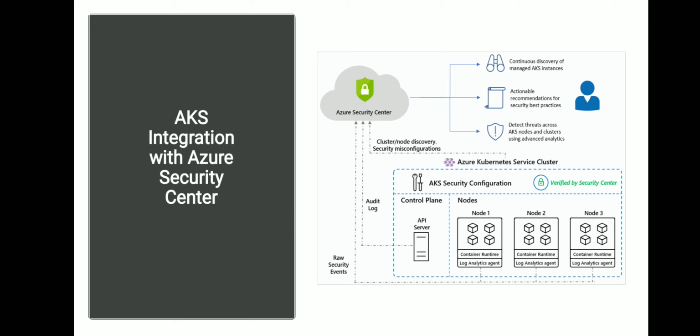It also detects threats across AKS nodes and clusters using advanced analytics. There is continuous discovery of managed AKS instances. Every time a new instance is created, it is scanned, and its configuration is verified, just to make sure that there are no vulnerabilities in your environment.